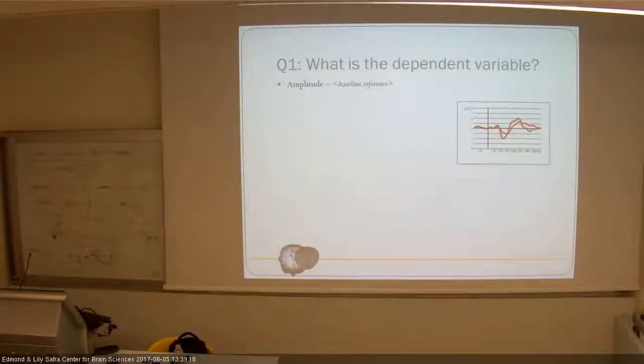But what do I measure exactly? So I may want to measure the amplitude of this response. But then the question is, amplitude relative to what? Usually we do it relative to some resting baseline or some passive baseline before the stimulus happens. But it's not always the good choice.